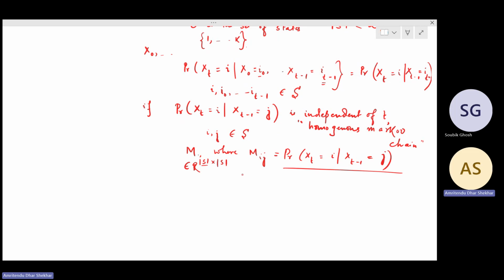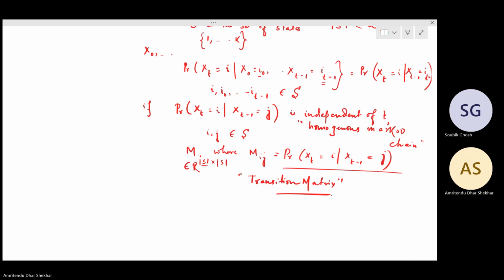This matrix M is called the transition matrix. Okay, so let's look at some of the problems.